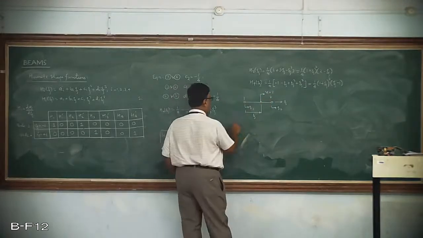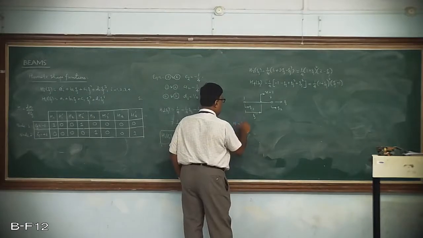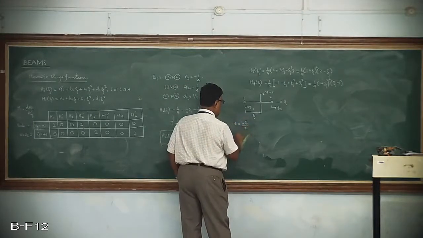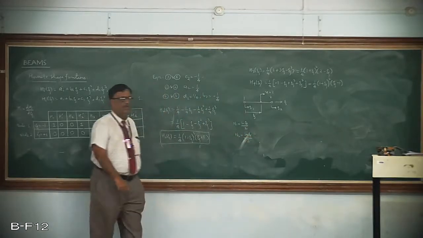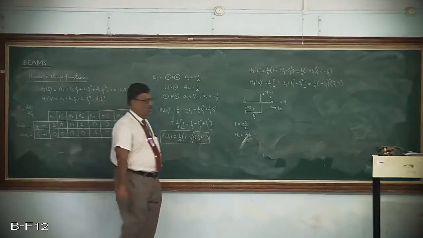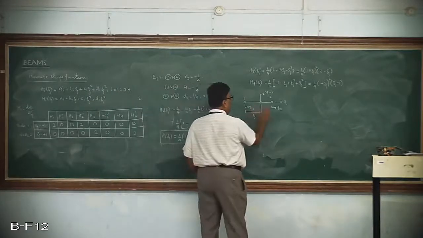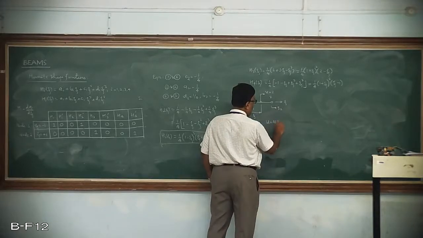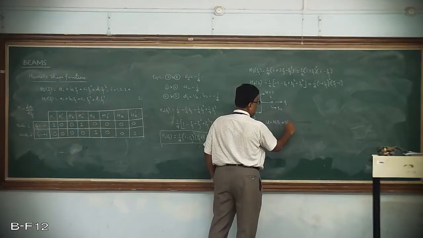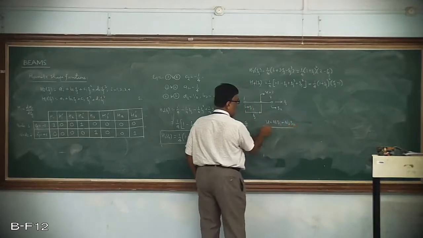So naturally we had defined 2 shape functions there. We call them N1 and N2 as (1 minus zeta) by 2 and (1 plus zeta) by 2. And then by knowing these nodal displacements Q1 and Q2, what we had found out was N1 Q1 plus N2 Q2. This is exactly what we had found out.